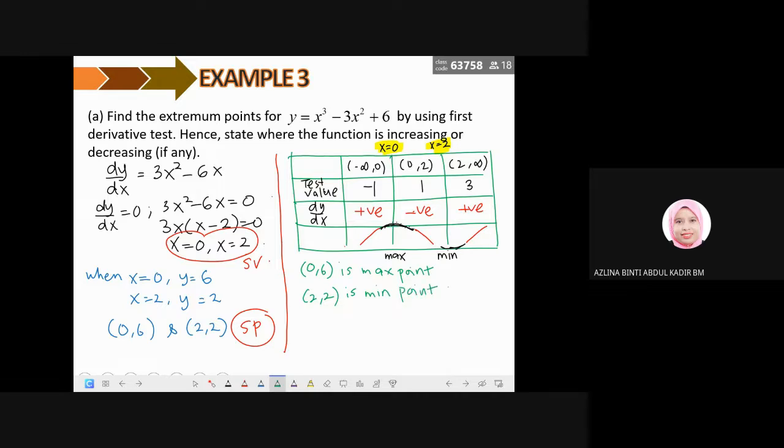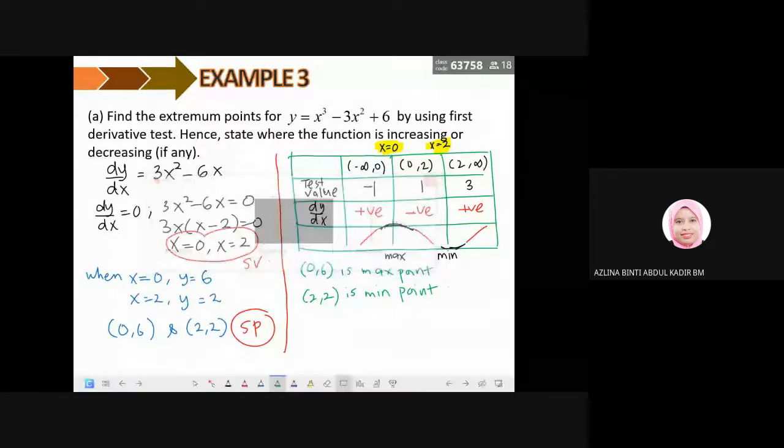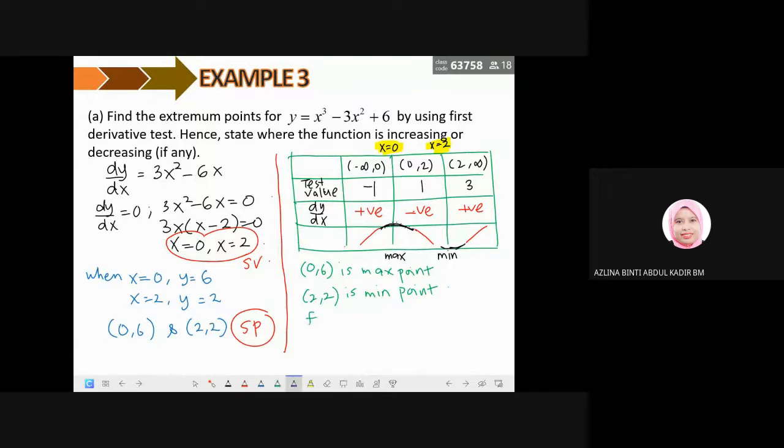Then hence state where the function is increasing or decreasing. f is increasing in the interval negative infinity to 0 and 2 to infinity.